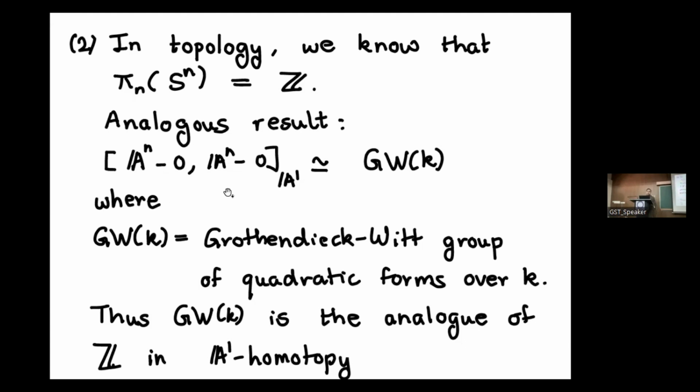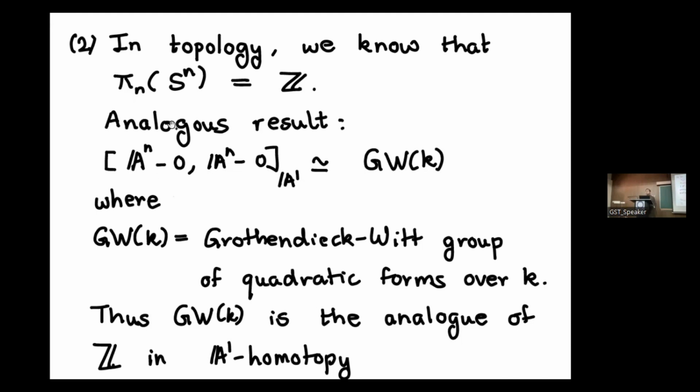So if you try to get an analogous result in A1 homotopy, of course, what is the appropriate notion of sphere that you might want? There are different notions of sphere, but just to show you an analog of this result, let's look at An cross 0. So what is pi n Sn?